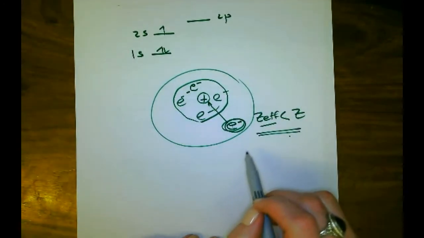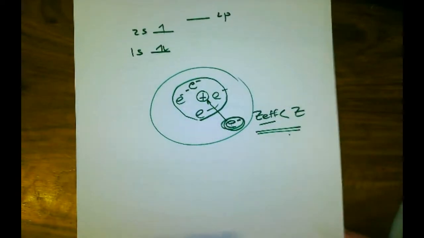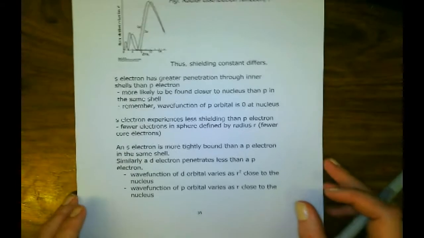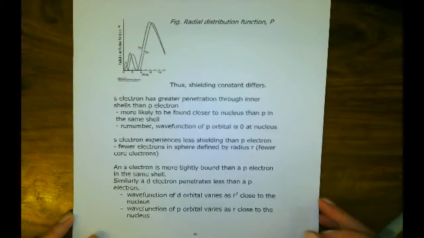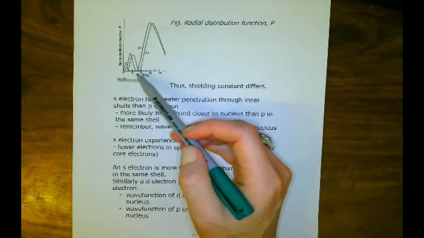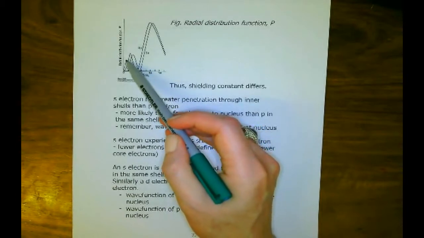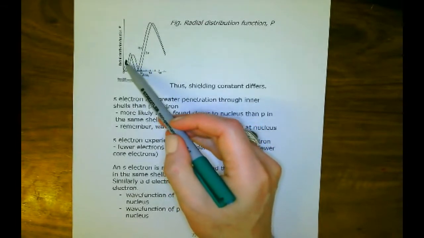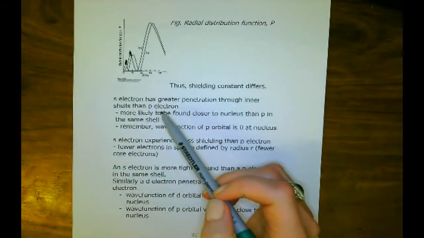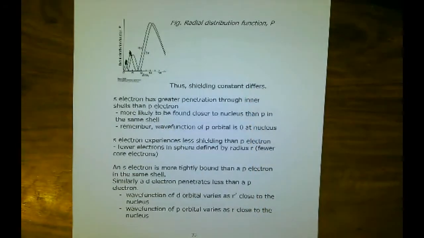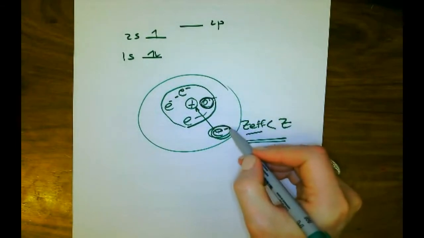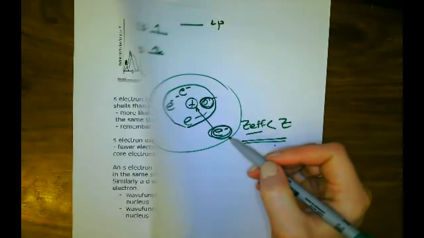And as a result of this, and also as a result of penetration, so if we look at how close the orbitals are to the nucleus, we see that the 3s orbital, if we look at this figure, is closer to the nucleus than the 3p orbital. So effectively your 3s electron will be the one closer than your 3p.